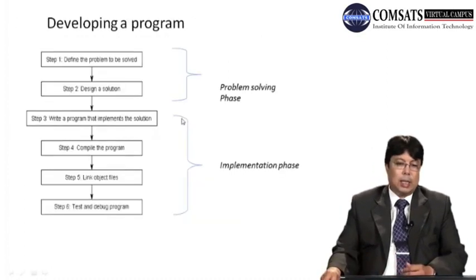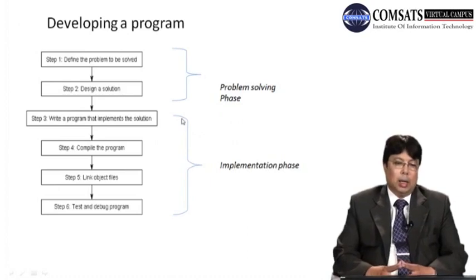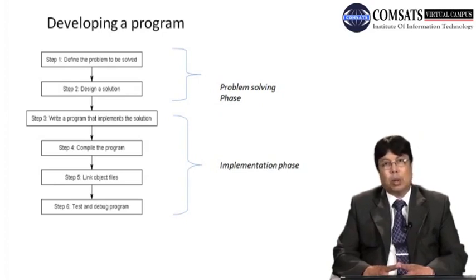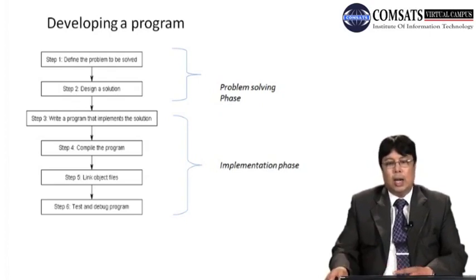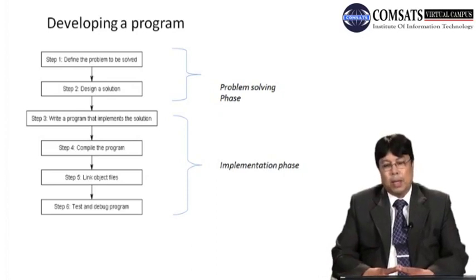These 2 phases can also be split up into 6 steps. The problem solving phase can be in 2 parts, which we have already discussed: define the problem to be solved and design a solution. So you can see that this is the problem solving phase.